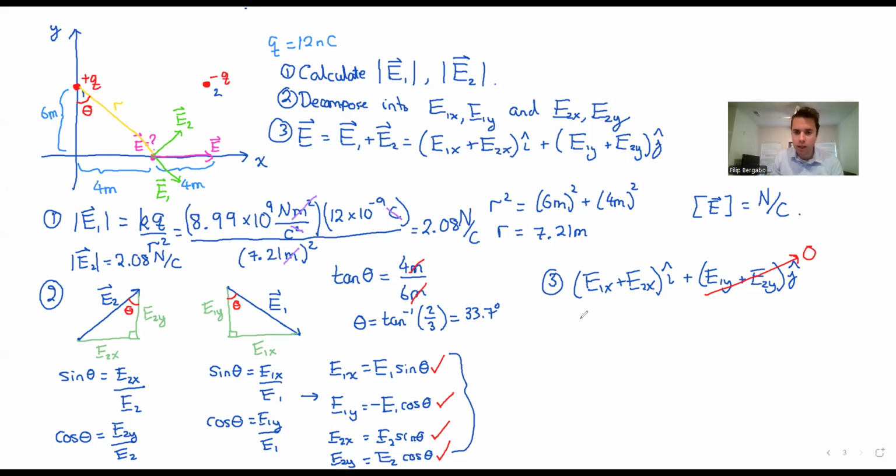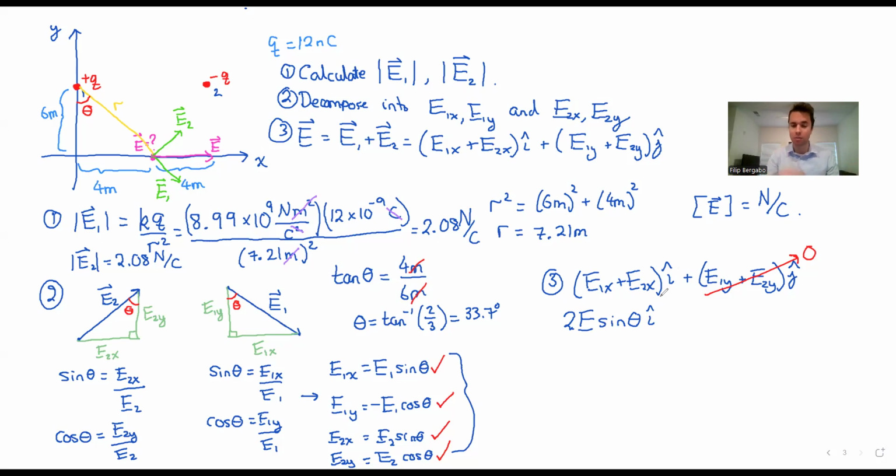Okay, so finally here, since E1x and E2x, these are both just the electric field magnitude from each one times sine of theta. And since the two magnitudes are the same, we can just write this as 2E sine theta i hat. Right, so I added them both together since they were both the same thing.